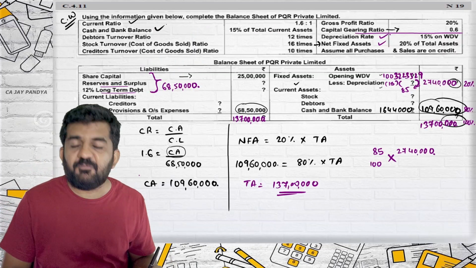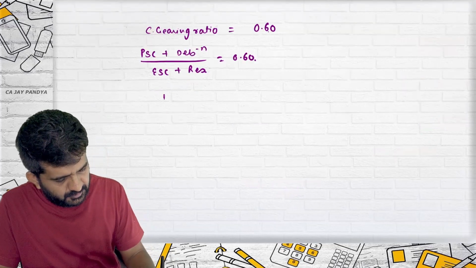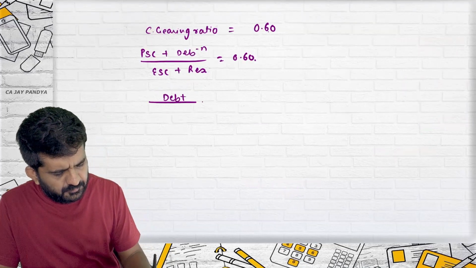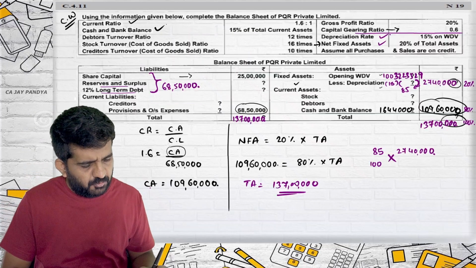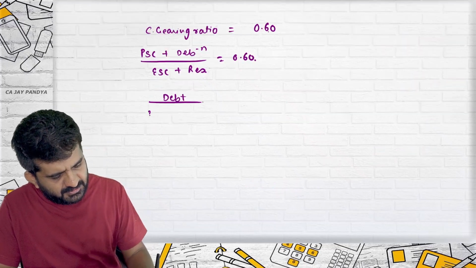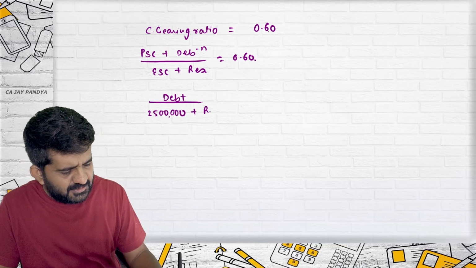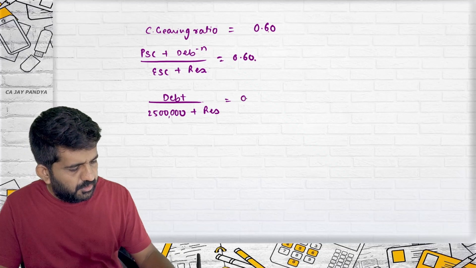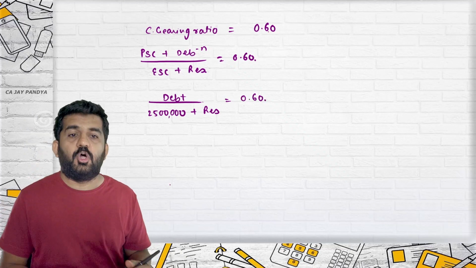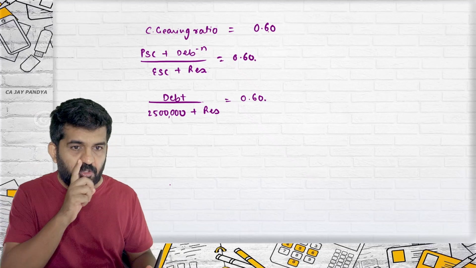Am I having preference share capital? No. Debt? Yes. So debt upon, am I having equity share capital? Yes. Equity share capital is 25 lakhs plus reserves, the answer of which I do not know. So there are two variables, I need to convert it into one.